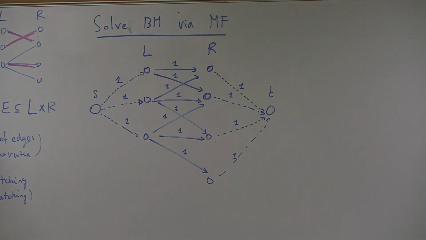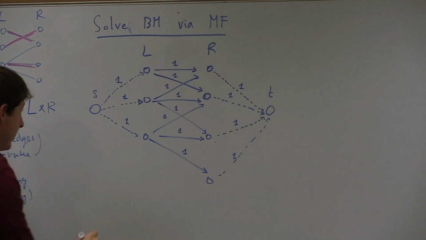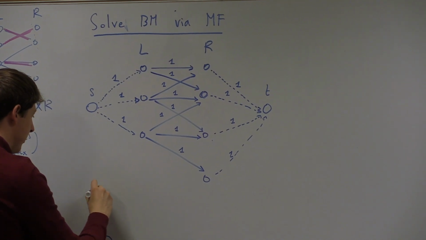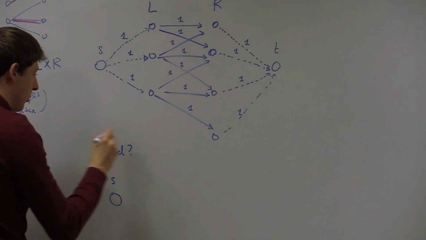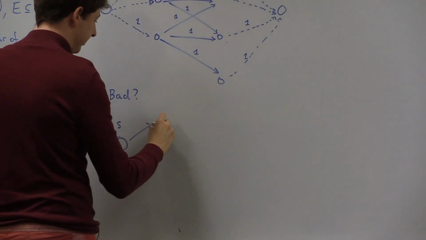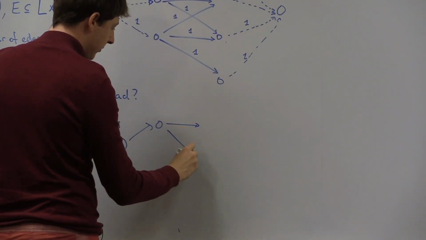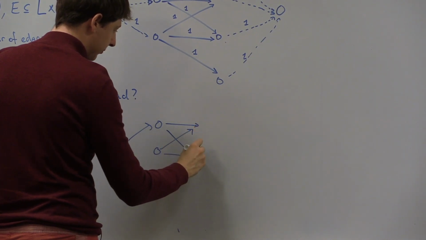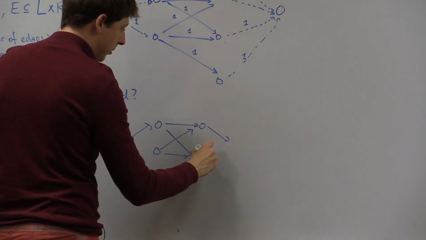But there is this worry: what if flows get split, right? So for instance, suppose your graph looked like this. Let's look at whether this would be bad for us. Let's say that I had a simple tiny instance.